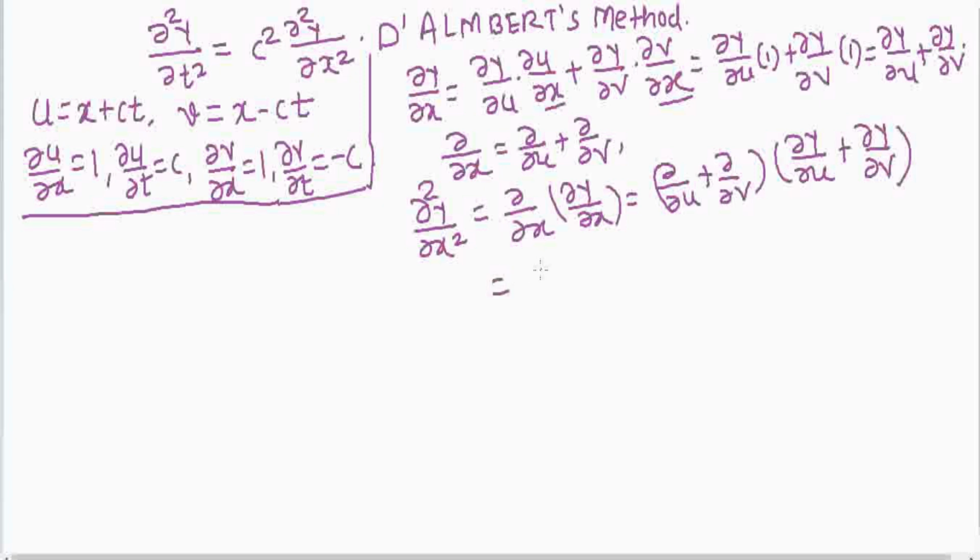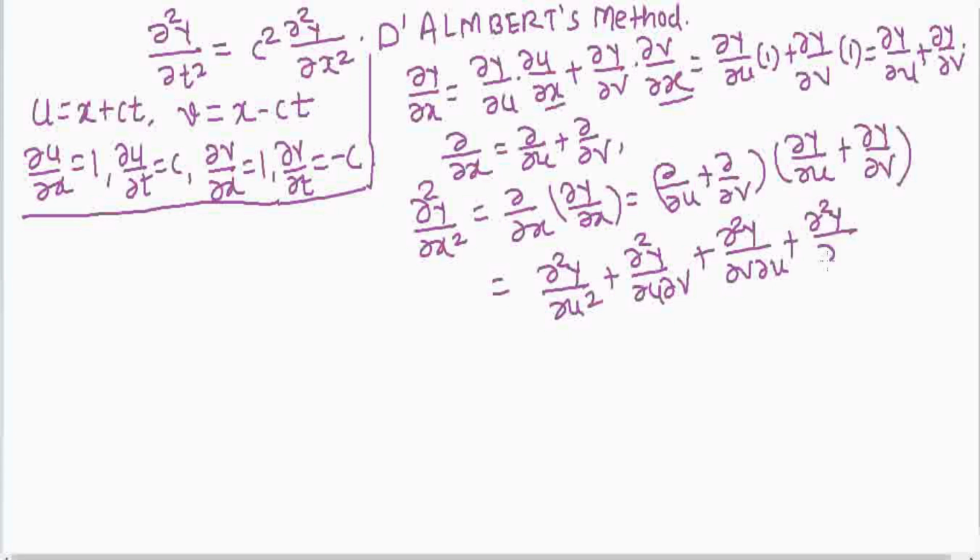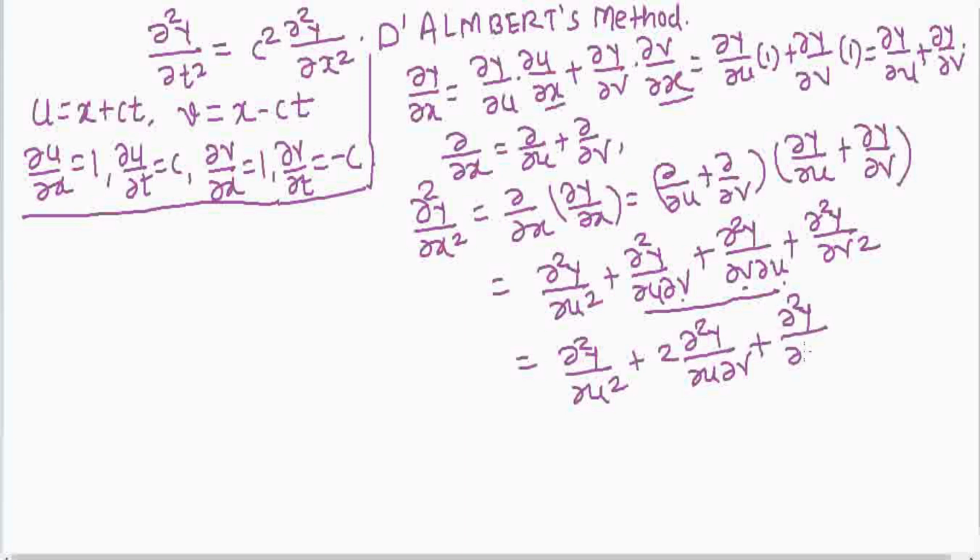This is equal to del 2y by del u square plus del 2y by del u del v plus del 2y by del v del u plus del 2y by del v square. But in the second order derivative, del 2y by del u del v equals del 2y by del v del u. So this term will be del 2y by del u square plus twice del 2y by del u del v plus del 2y by del v square.